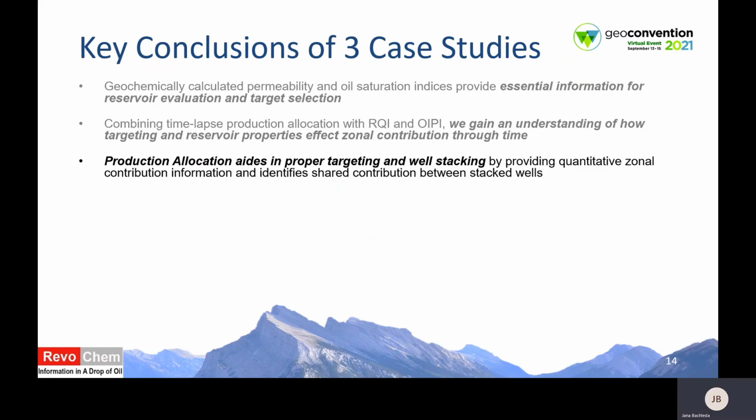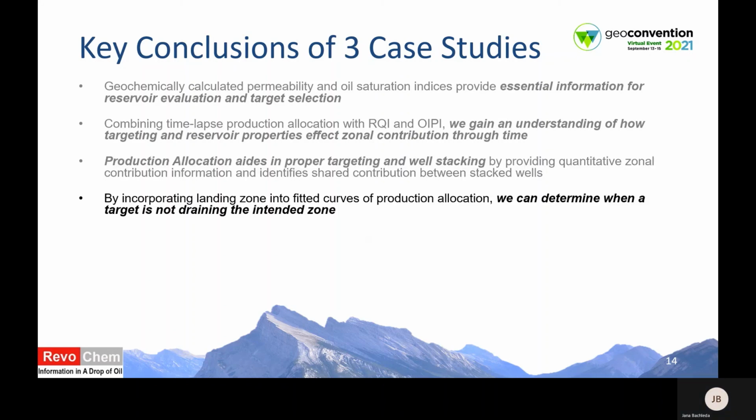Production allocation aids in proper targeting and well stacking by providing quantitative zonal contribution information and identifies shared contribution between stacked wells. By incorporating landing zone into fitted curves of production allocation, we can determine when a target is not draining the intended zone.